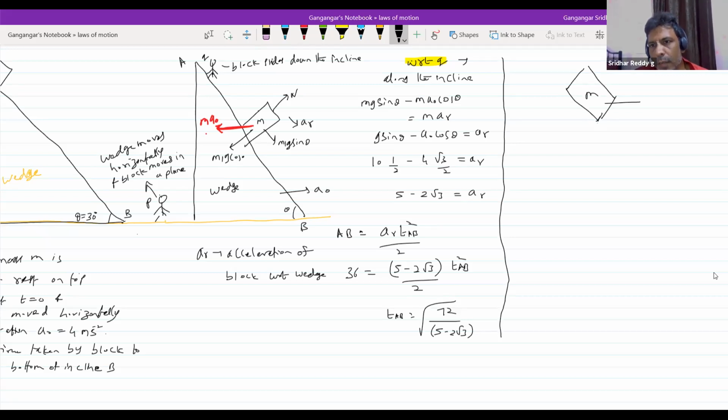this one. So this will be AR cos theta, and AR sin theta. So a small rough diagram.